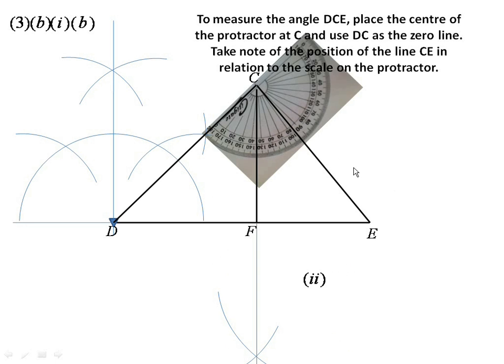Because this line is our zero line, the angle goes all the way around here and increases in this direction to right here. And we'll take note of what the angle turns out to be. Let us see, we have about, for sure, 80, 1, 2, 3, about 84, maybe 85. So DCE is 84 degrees.